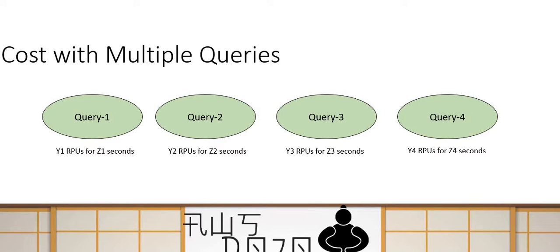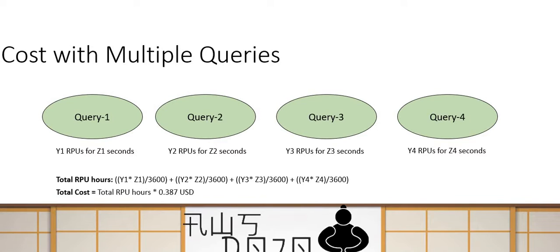For each of these queries, it looks into how many RPUs those queries are taking and how long those queries run. Based on that, it calculates the total RPU hours, which is the number of RPUs into time run divided by 3600 if you are measuring the time in seconds. And then the total cost is the total RPU hours into the price per RPU. Like in this example of Ireland, it is 0.387 USD.